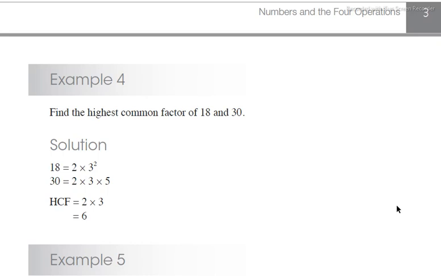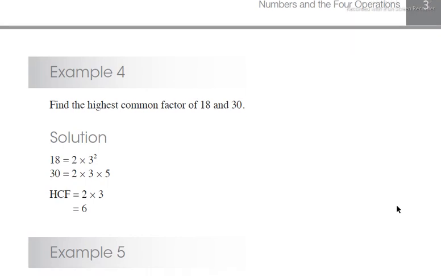Then 30 is 2 times 3 times 5. So meaning that when you look at the common values in 18 and 30, it is a 2 and a 3. So we multiply those common values to get 6 as the highest common factor.